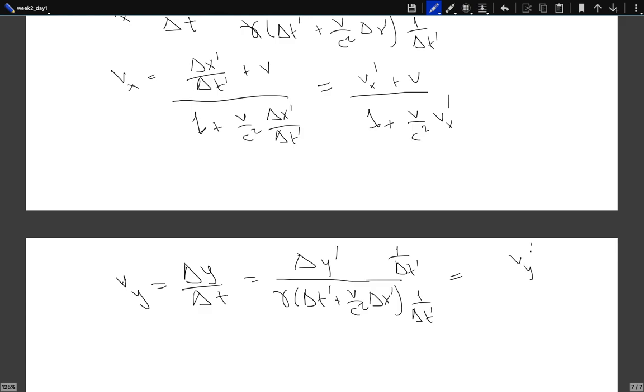So we get Vy prime divided by gamma times (1 plus v over c squared Vx prime). Where? This is delta t prime. Other side of the plus sign. Yeah, this one. Okay.